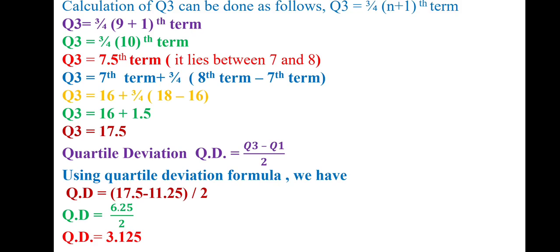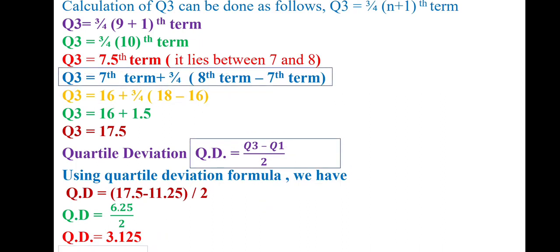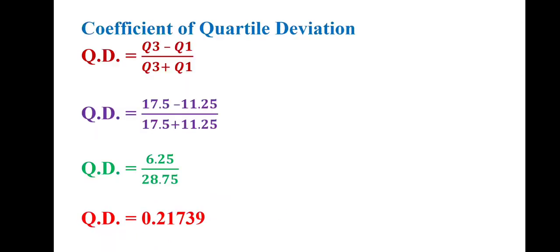Now we will find the coefficient. This value, QD equal to 3.125, is an absolute measure. Now the relative measure will be found. Coefficient of quartile deviation: the formula is Q3 minus Q1 divided by Q3 plus Q1.